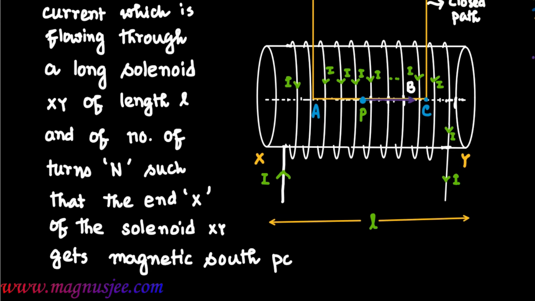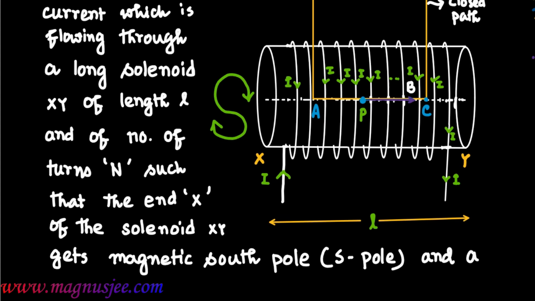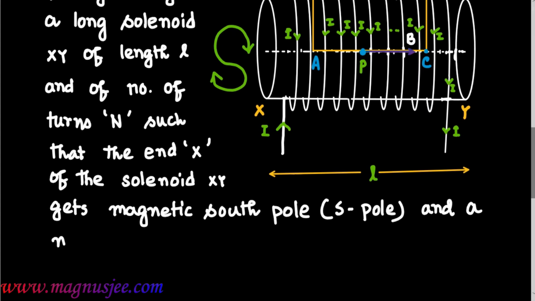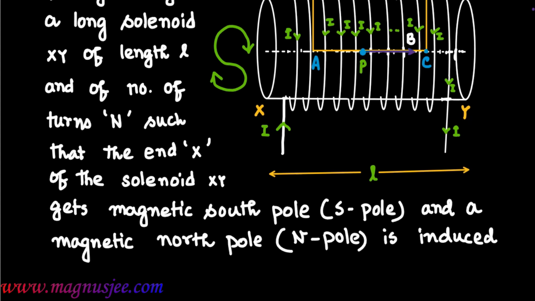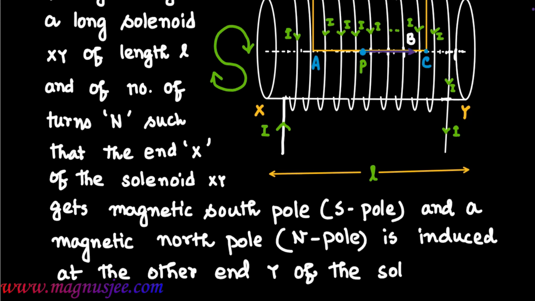a magnetic south pole, or S pole. This is the south pole which is induced at the end X, and a magnetic north pole, that means N pole, is induced at the other end Y of the solenoid.